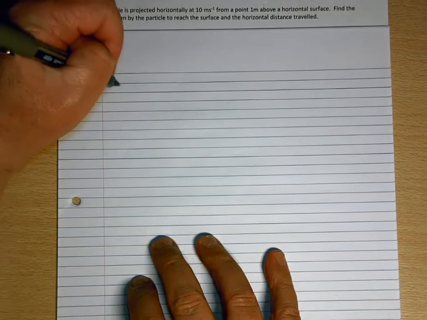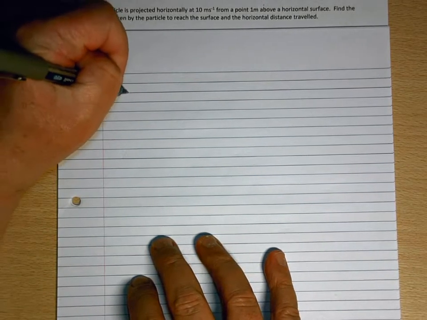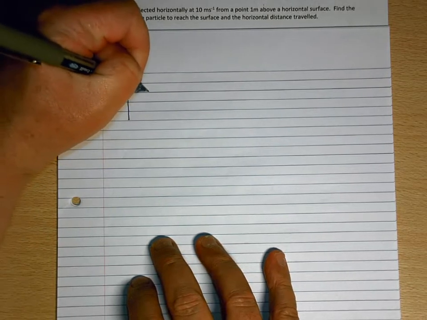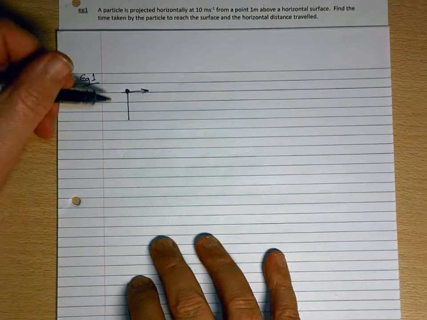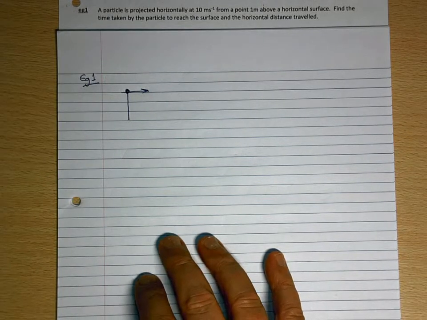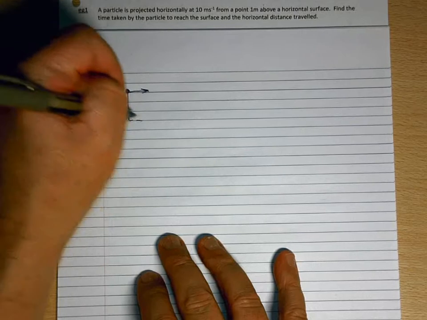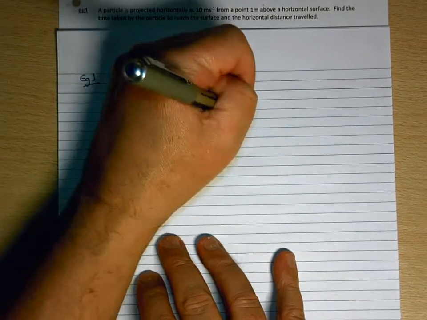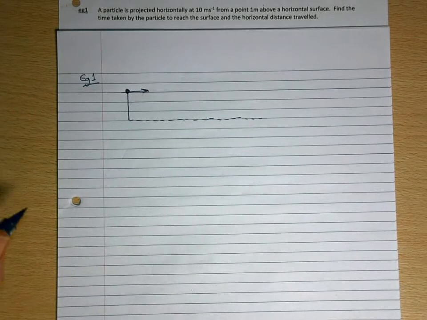So what we have here is a particle that is being launched horizontally off from a point that's above where it's going to land. So it's 1 meter above its point of direction.